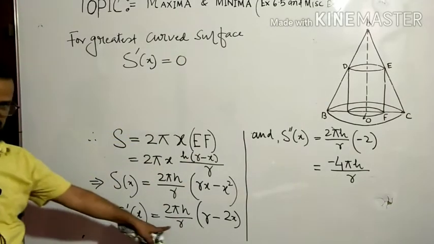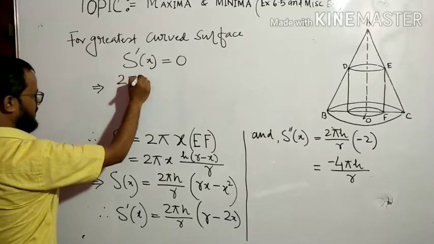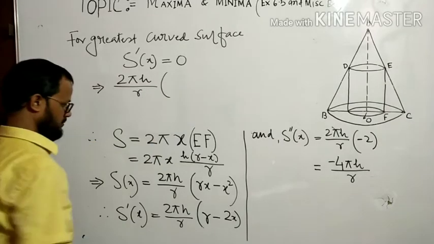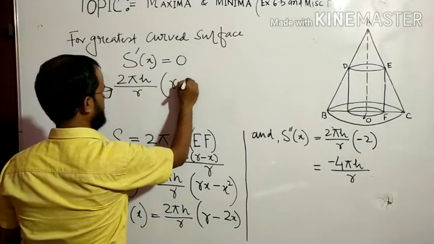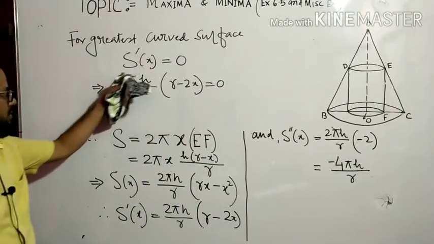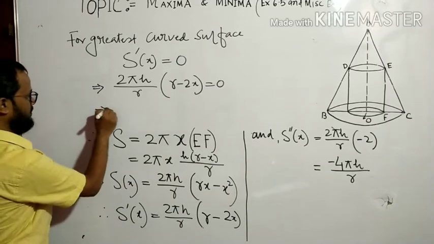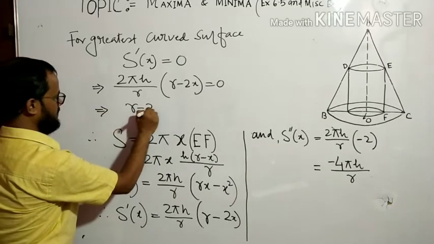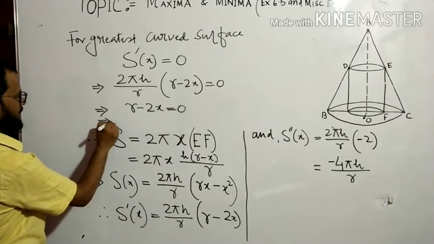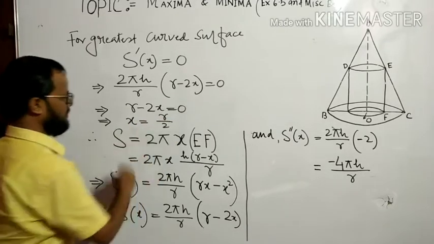What is S dash x? From here you can write 2 pi H divided by R into (R minus 2x) equal to 0. So this is a constant quantity. If it goes to the other side, it will become 0. Finally you will get R minus twice x equal to 0, and from here you get x equal to R by 2.